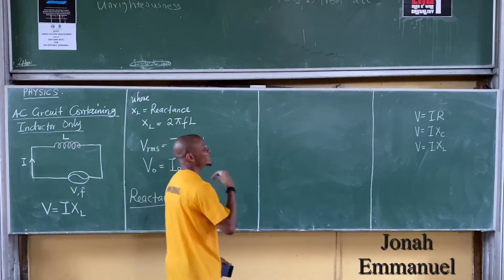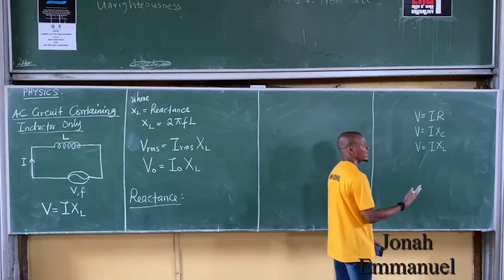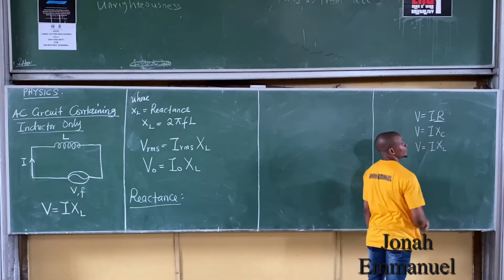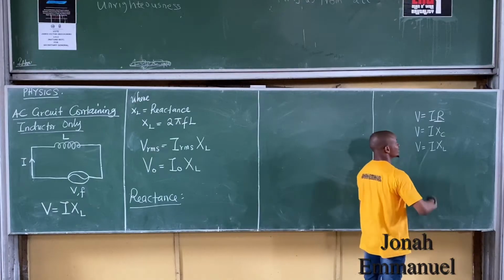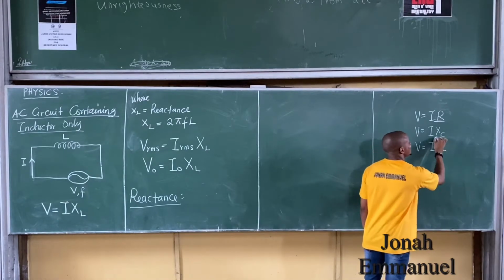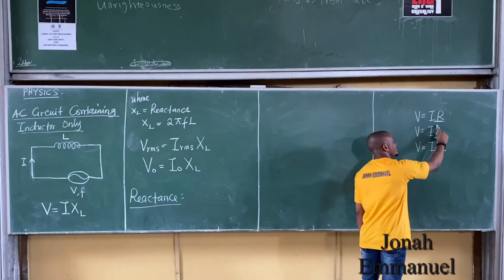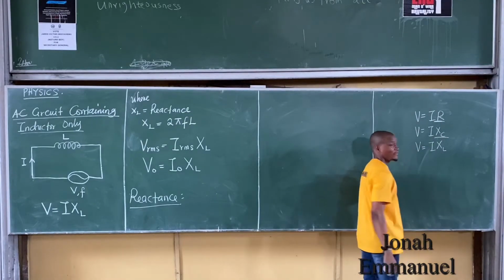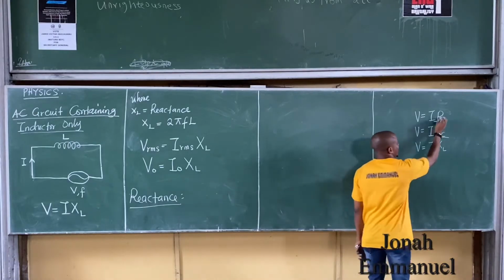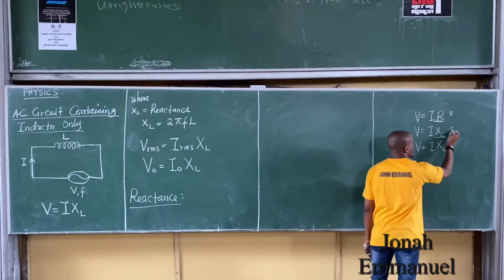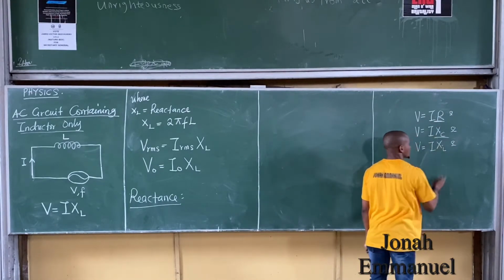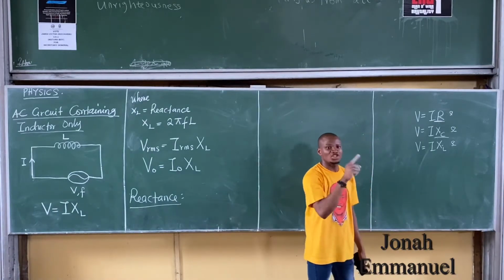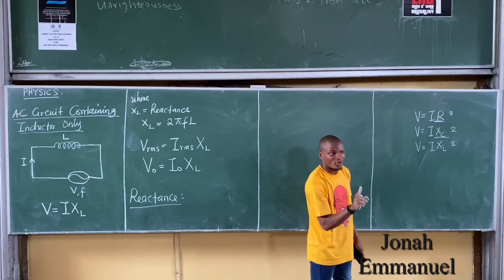Now, if I'm looking at an AC circuit with a resistor, it's called a resistor. What is an AC circuit with a capacitor or inductor? It's called a reactance. A reactance and a resistor are the same kind of thing. Even their SI unit is ohms. The difference is just a change in name and a change in formula.